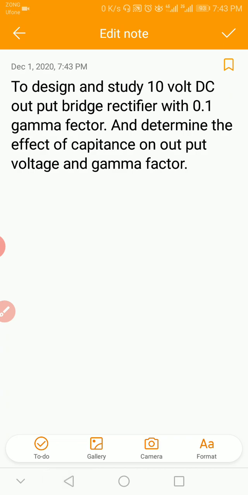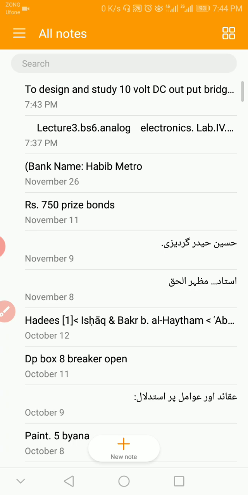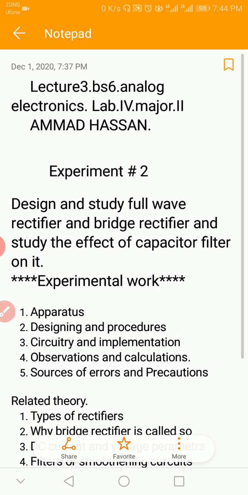Gamma factor beyond 0.01 is maintained by using a pi filter, especially a pi inductor capacitor filter or pi inductive capacitive filter. Here for 0.1 gamma factor or 0.1 ripple factor, we use only a capacitor shunt filter or shunt capacitor filter.